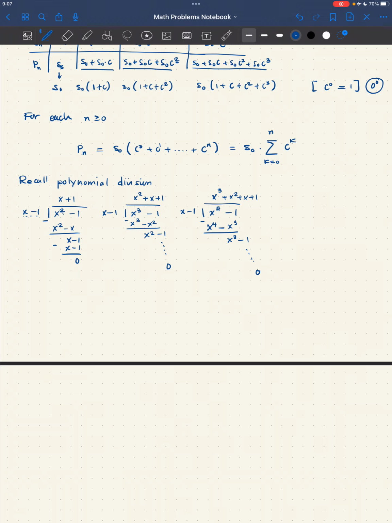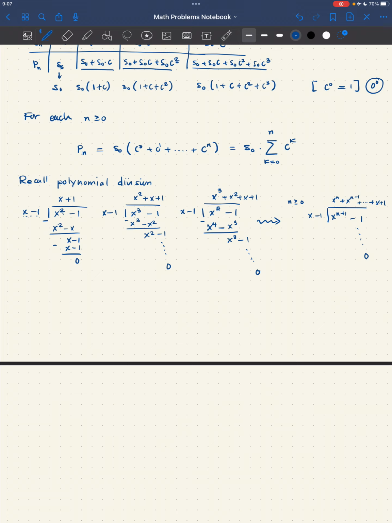Well, in general, if we were to jump ahead, of course, we're going to make this precise later on, what we're observing is that if I take any natural number n greater or equal than 0, and then I perform a division of x to the n plus 1 minus 1 by x minus 1, at some point I'm going to get to 0, and the quotient will have the form x to the n plus x to the n minus 1 plus and so on, plus x plus 1.